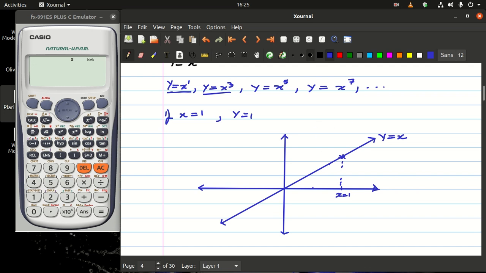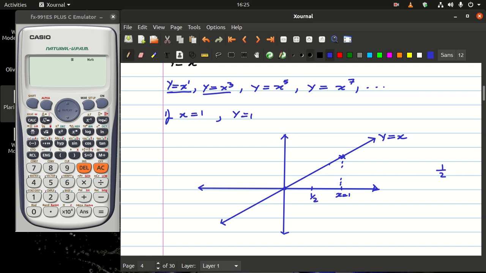Now, I pick a value such that if I plug it here, I get a value, and I plug it here, I get a value. So I pick a value that I like to work with, between 0 and 1. That value is going to be 1 over 2, or half.